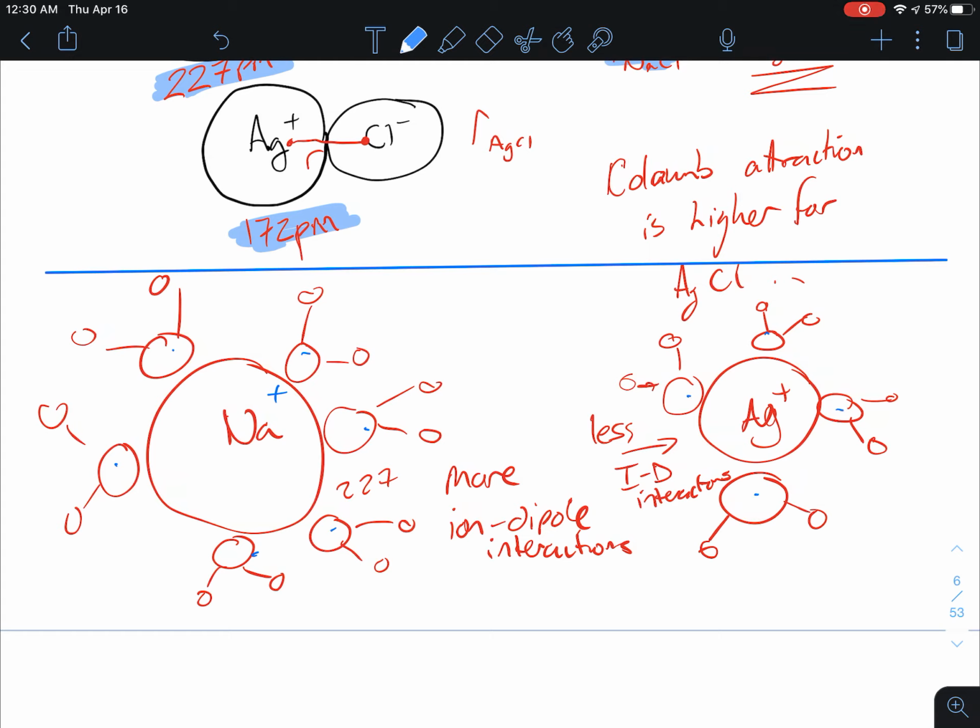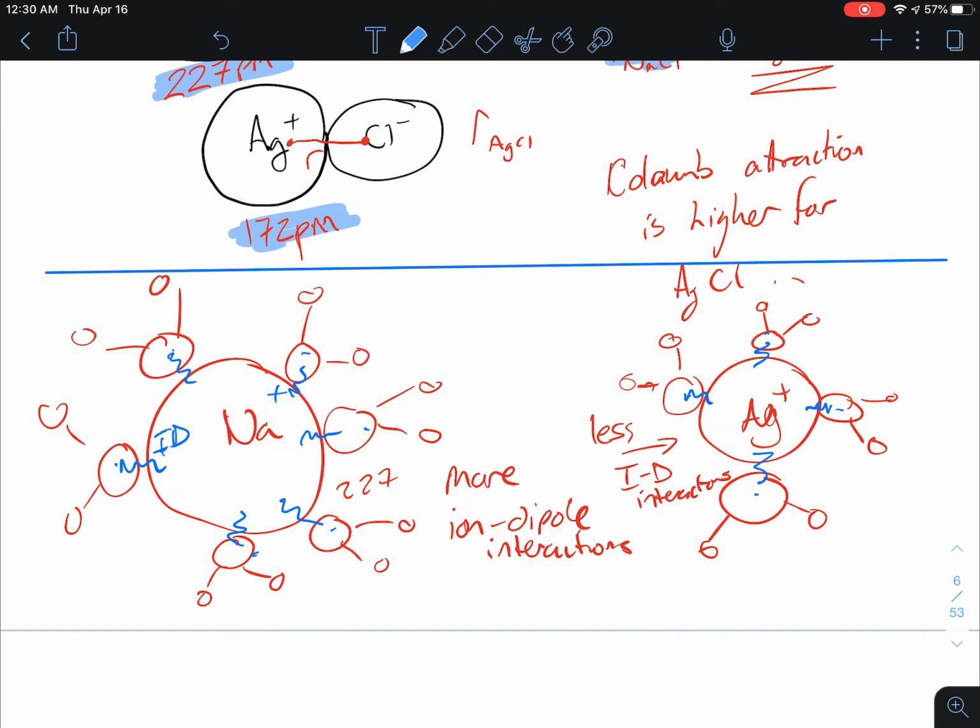So the silver ion will have fewer waters around it. These are these ion-dipole interactions, right? And so we have fewer of them for the silver because the silver ion is smaller.